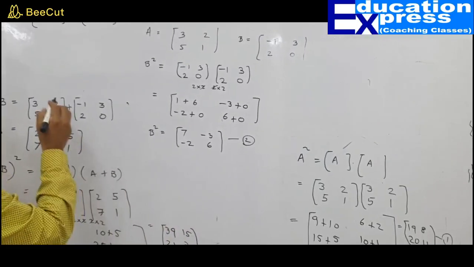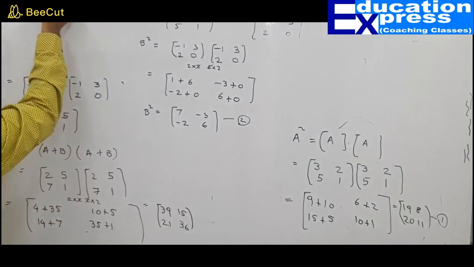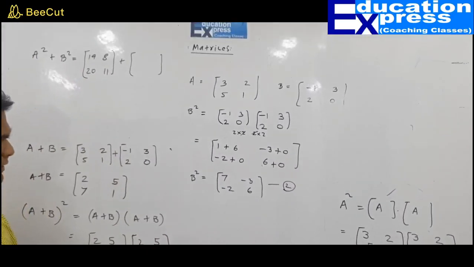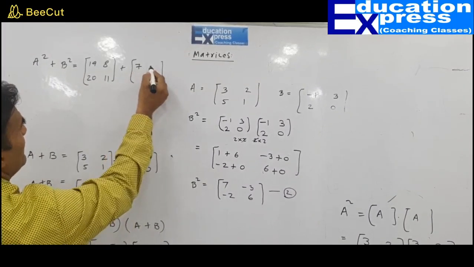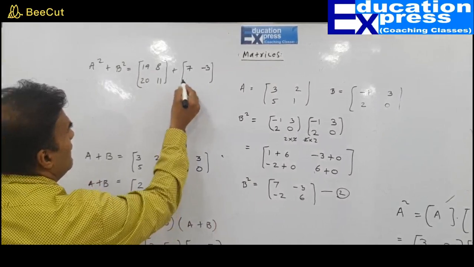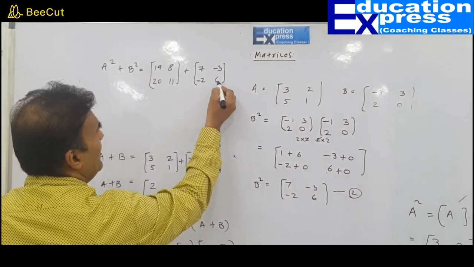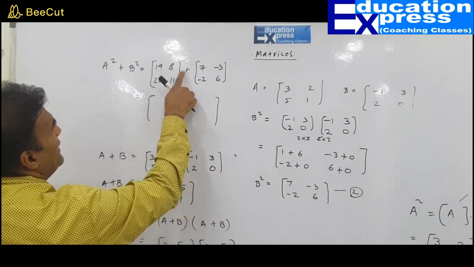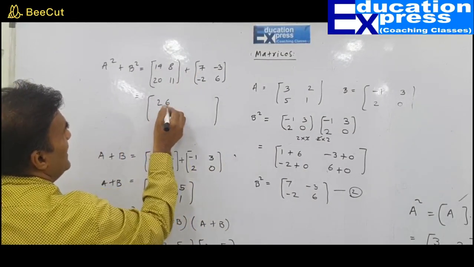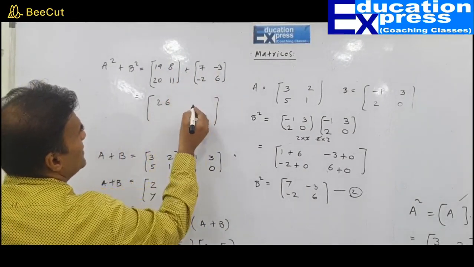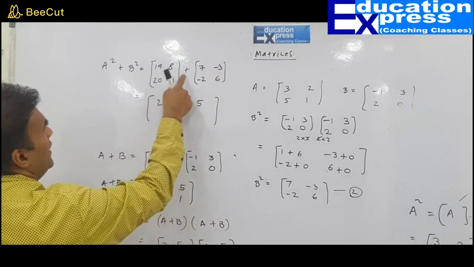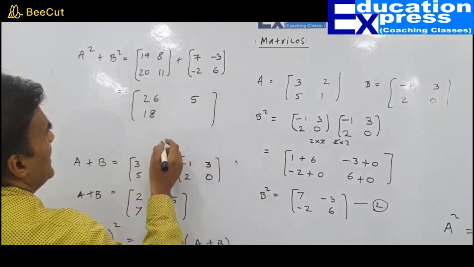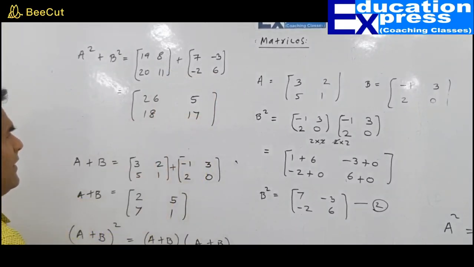What is the value of A square? 19, 8, 20, 11. B square: 7, minus 3, minus 2 and 6. Of course, when you do so, 19 plus 7, that's 26. 8 plus minus 3, that is 5. 20 minus 2, 18. 11 plus 6, 17.